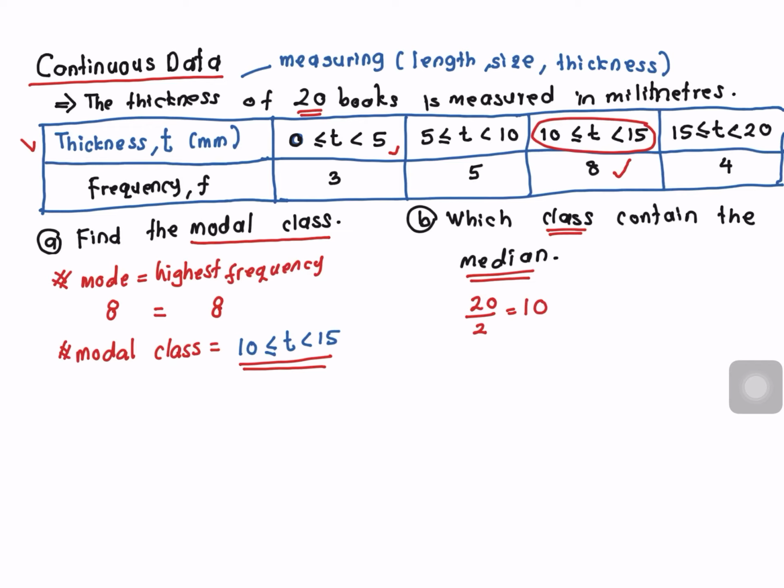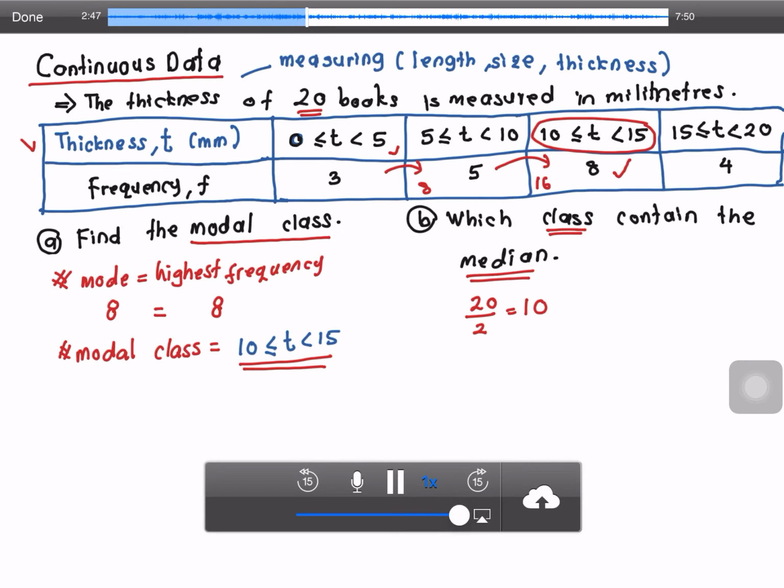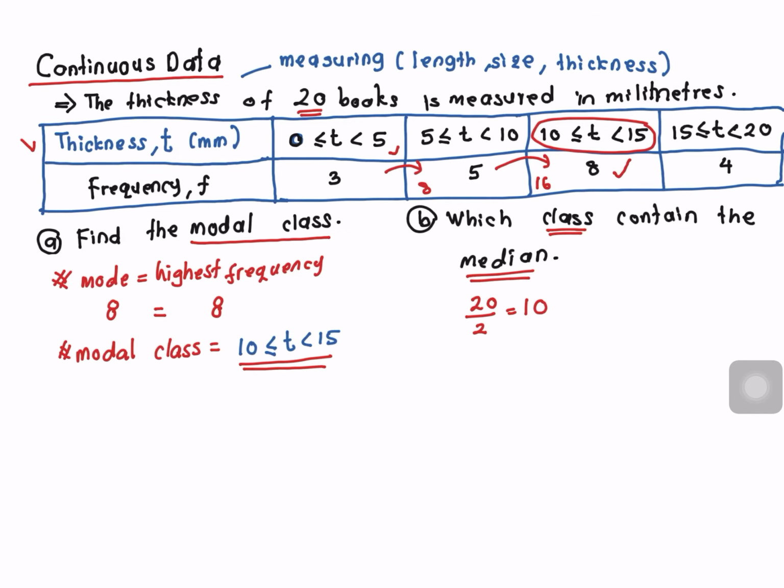You add up the frequency numbers. So 3 plus 5 is equal to 8. 5 plus another 8, so equal to 16. So it means 10 here is in between 10 to 15.